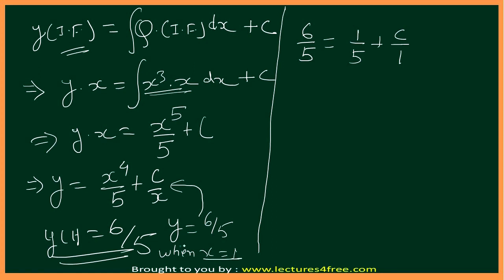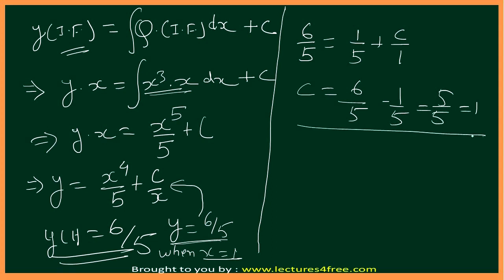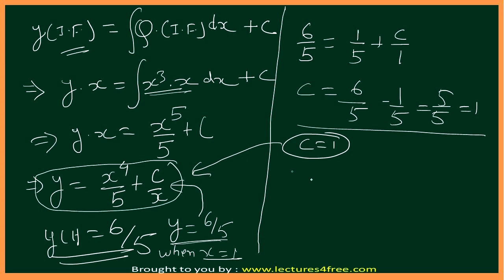When x is 1, y is equal to 6 by 5. So you will get c equal to 6 by 5 minus 1 by 5, which is 5 by 5, means 1. You got c is equal to 1. Now put the value of c in this equation, and you will get the final answer. The final answer will be y is equal to x to the power 4 upon 5 plus 1 upon x.